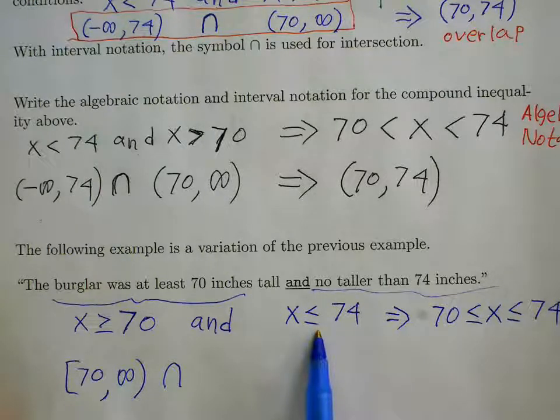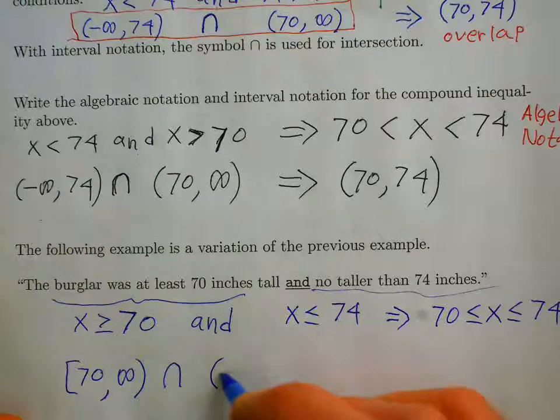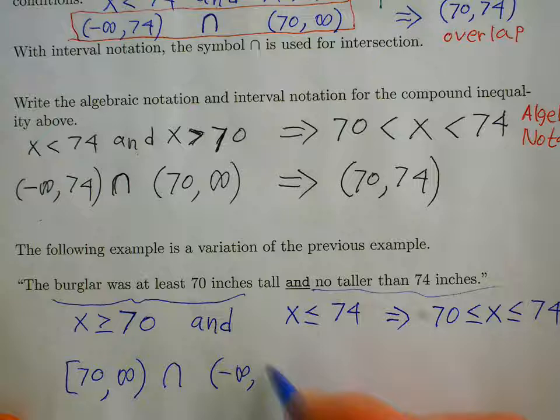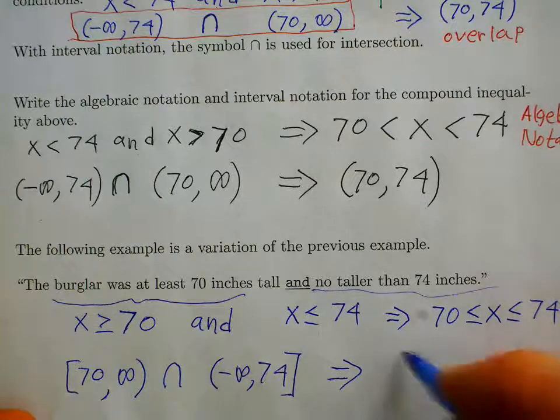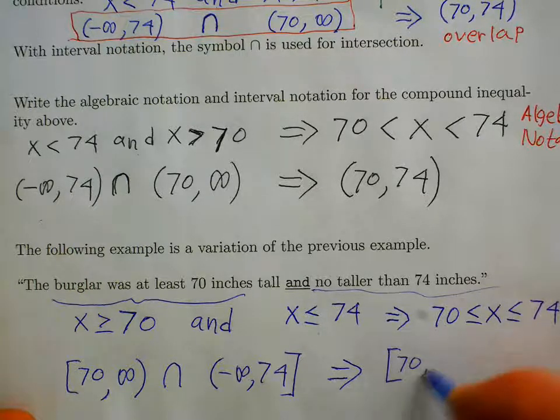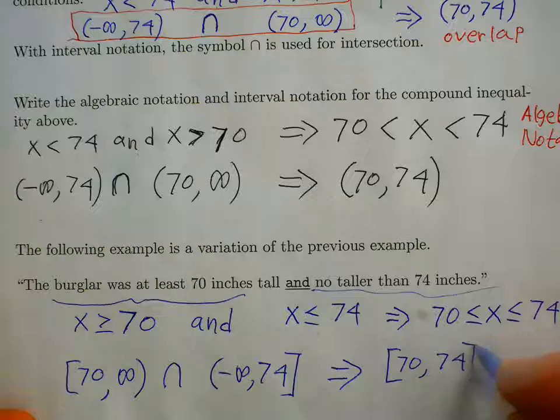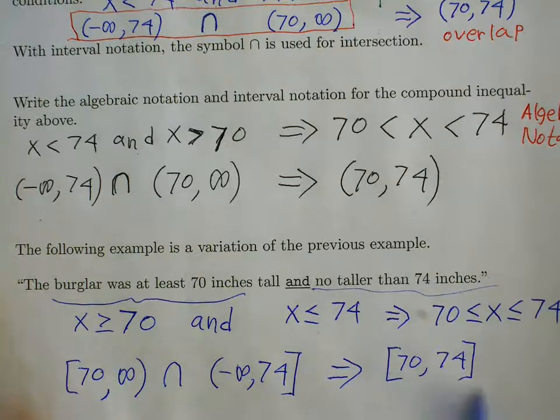And then x is less than or equal to 74, we put parenthesis negative infinity, comma, 74 bracket. But we can write this more compactly. The overlap is the interval from 70 to 74, including 70 and 74. That's why we're using brackets in this case.